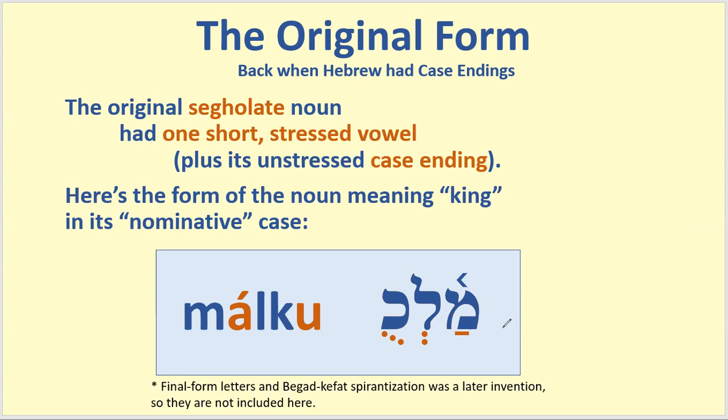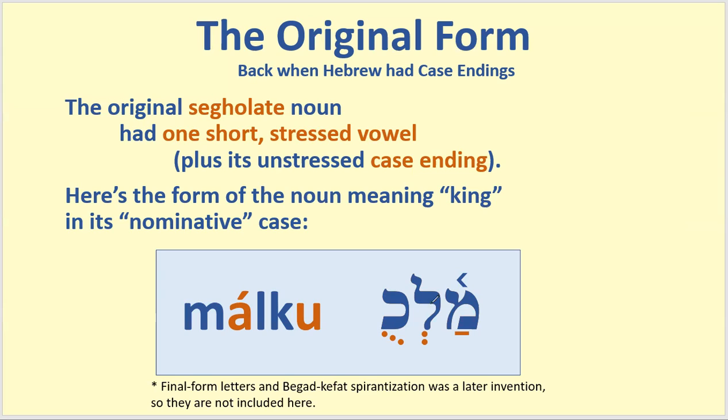So the original form of melech, if it were the subject of a sentence, would be something like malku or malchu. I'm not going to worry about the kaf or begad kefat letters that get a dagesh in them and are pronounced differently, because that was probably a later invention.